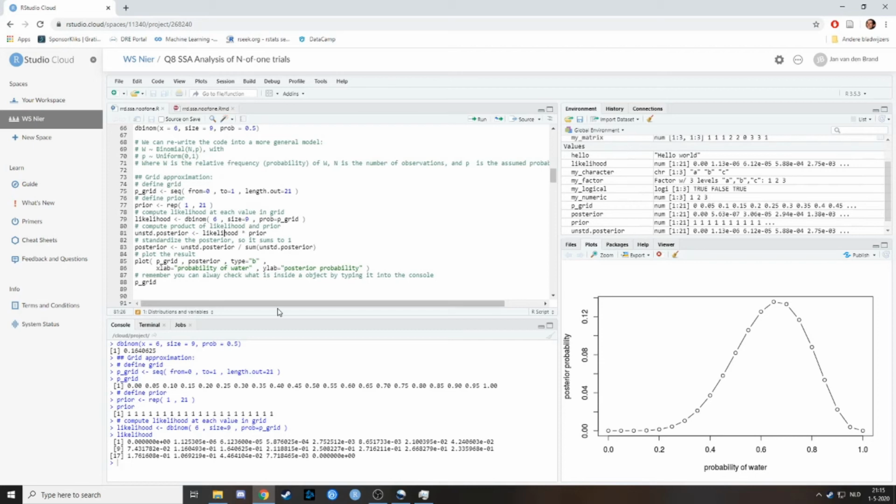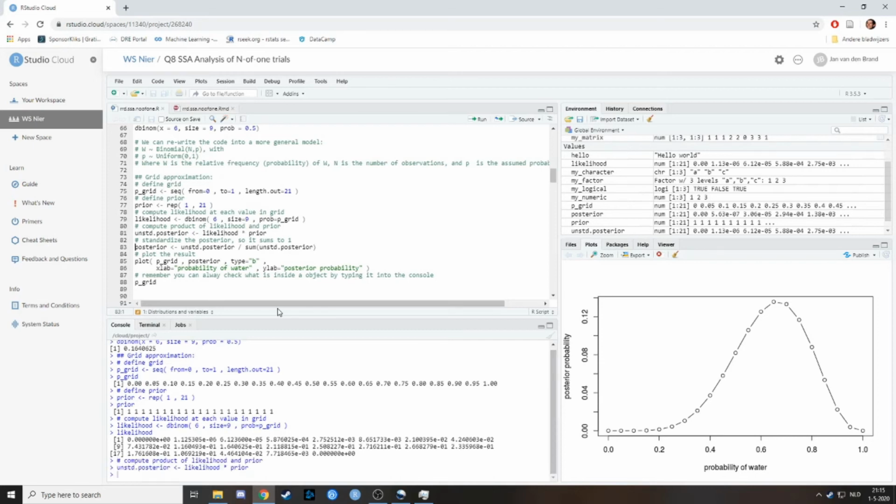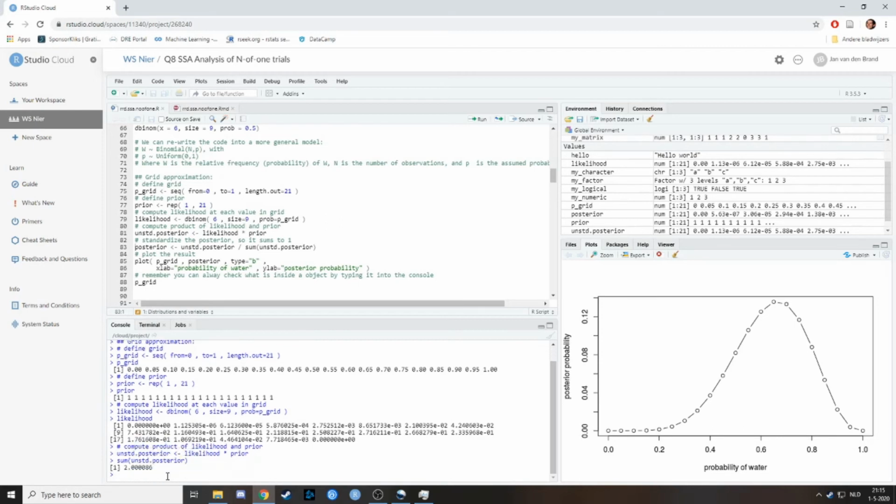We multiply this by the prior to get an unstandardized posterior, and if we take the sum of this unstandardized posterior, it sums to a little over 2, which is kind of hard to interpret.